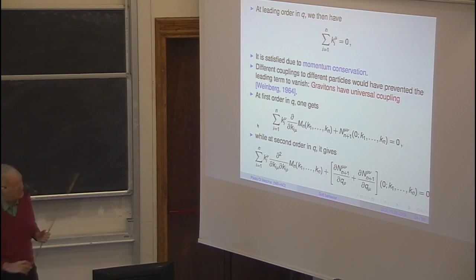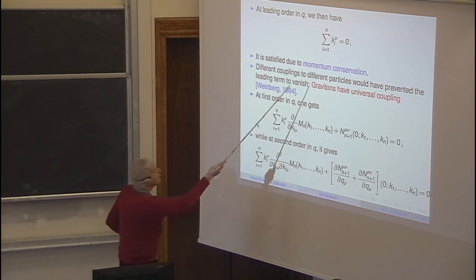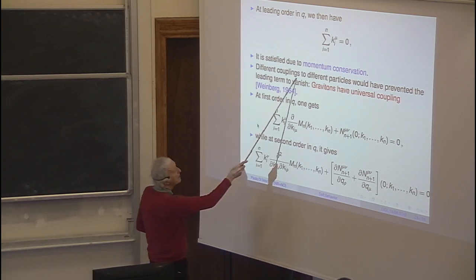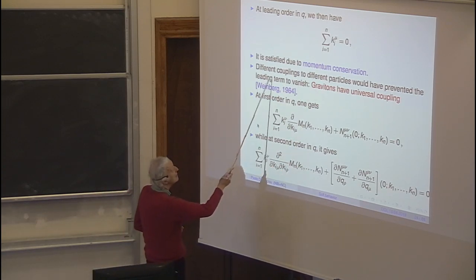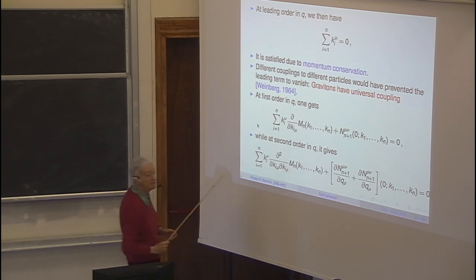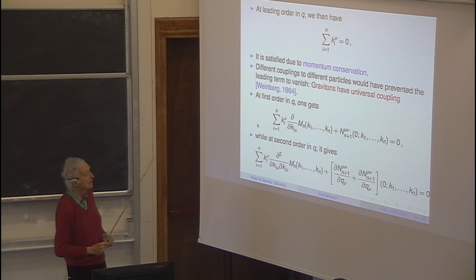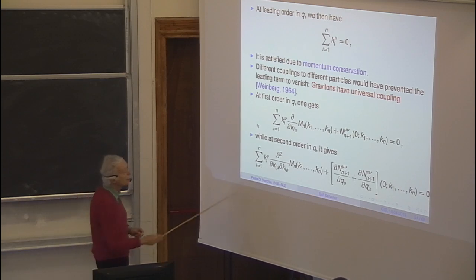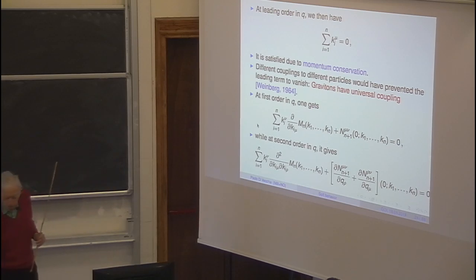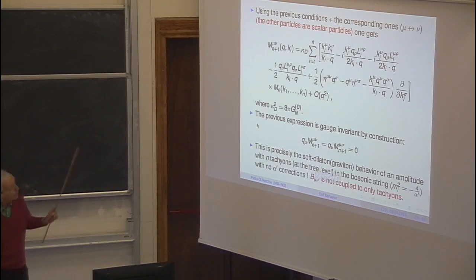So the soft theorem implies, for gravity, momentum conservation. That means different couplings to different particles would have prevented this. And so that means that the graviton must have a universal coupling. Then you have this equation at the first order, this equation at the second order, and also the equation for mu instead of nu.